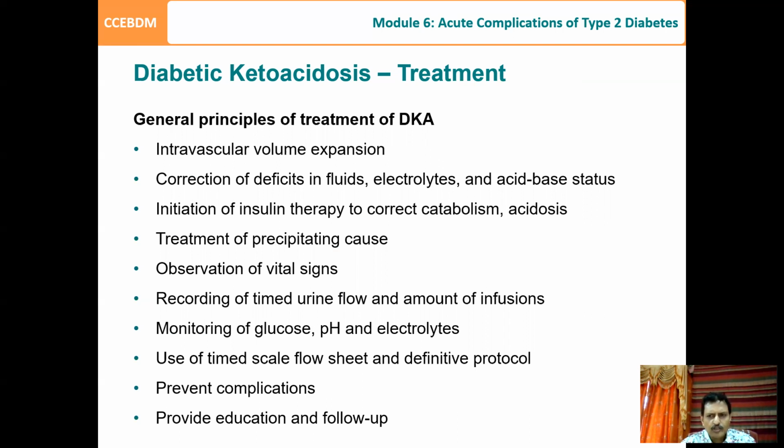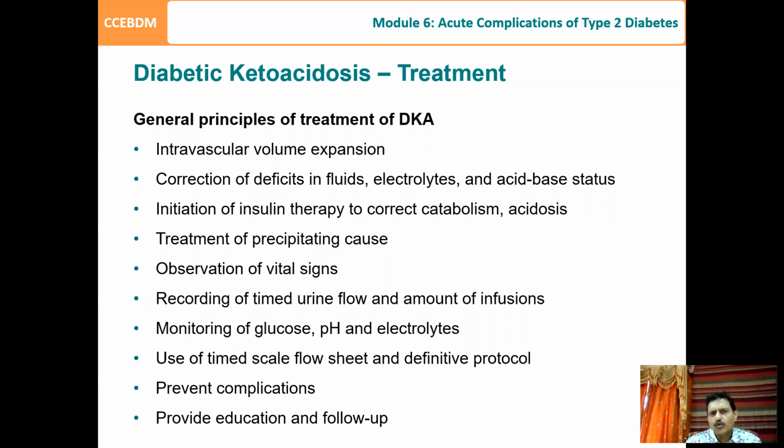There is no point of correcting the hyperglycemia within a few hours' time. If it takes, say, 12 hours or 24 hours, it hardly matters. Be slow and steady. If the glucose level comes down 30 to 50 milligram per dL, I am very happy as far as the infusion rate is concerned.